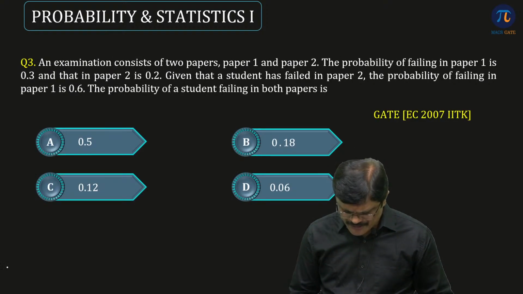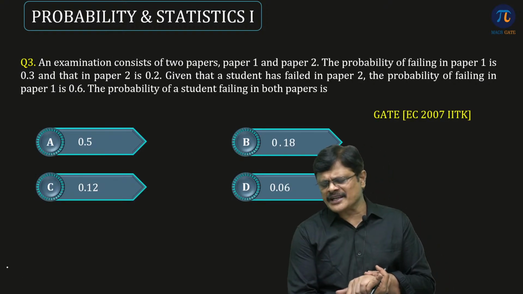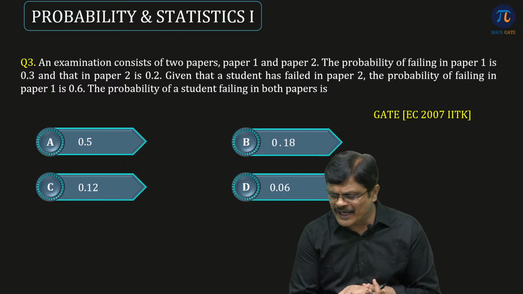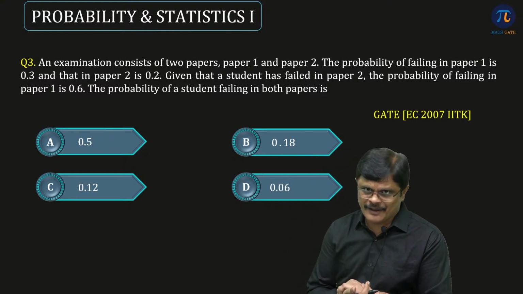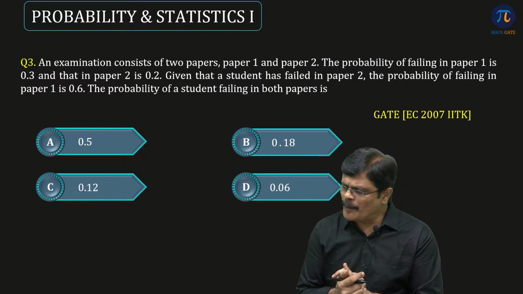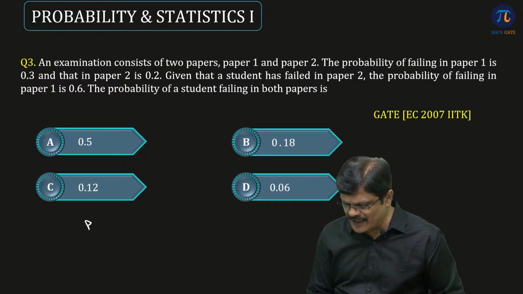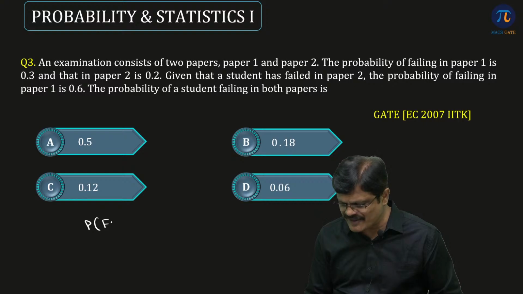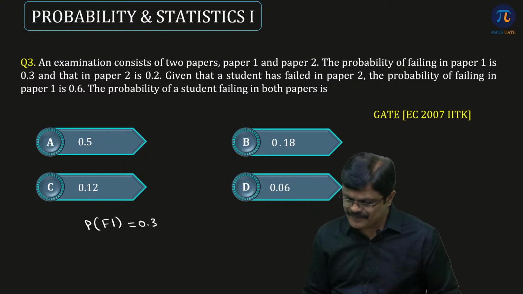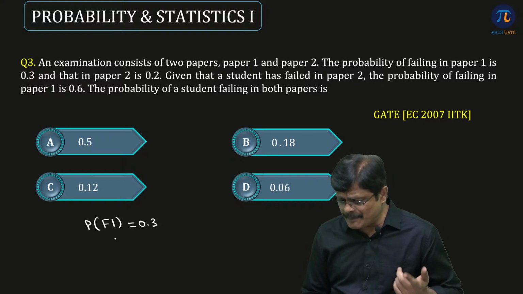This was a GATE question, a very simple one. An examination consists of 2 papers, paper 1 and paper 2. The probability of failing in paper 1 is 0.3, and in paper 2 is 0.2.